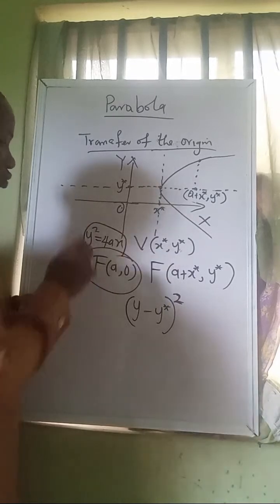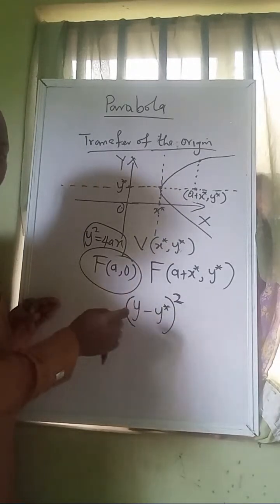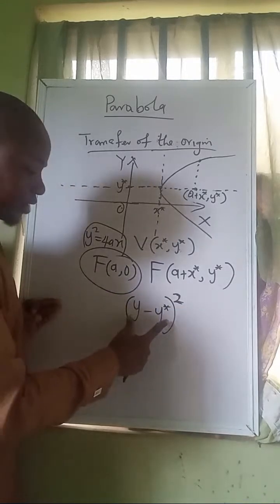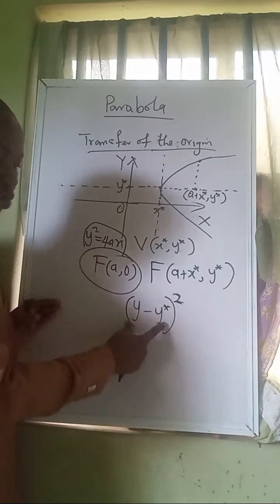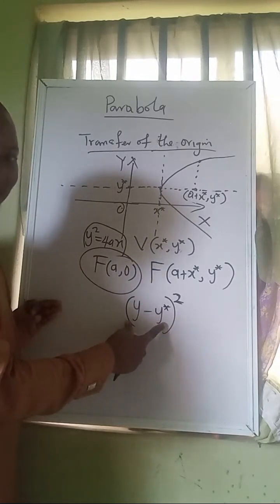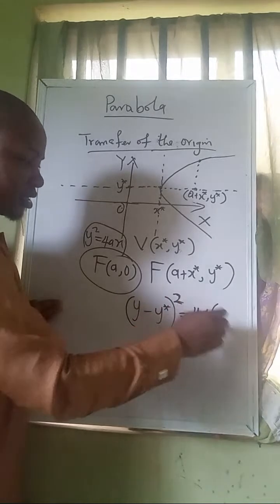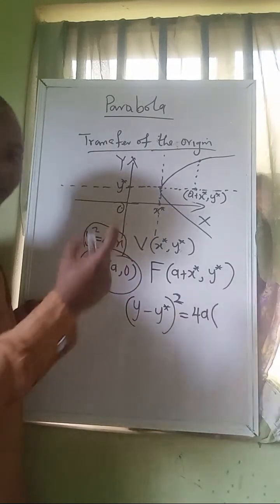So what it means is that when the point has been transferred away from the origin, the case we will now be having is replacing each y, anywhere you see y, with y minus y star. This one will remain 4a, and of course, whenever we see x, we replace it with x minus x star.